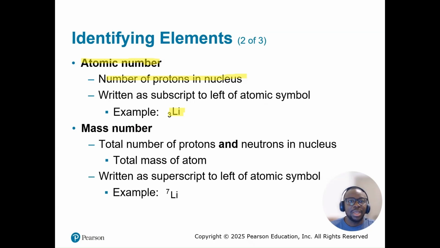For example, if the atomic number of an element is 11, the number of protons is equal to 11. Hence, the number of electrons is also equal to 11. The next is mass number. Mass number is a total of the number of protons and neutrons in the nucleus of an atom. So if you know the mass number of an element and the number of neutrons, you can determine the number of protons and by extension, the number of electrons.